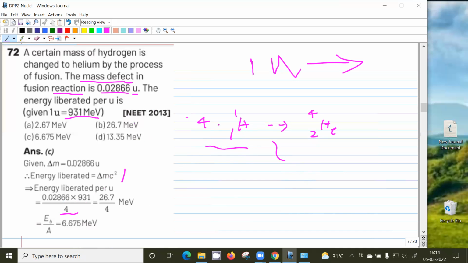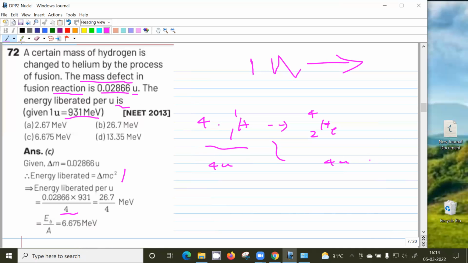One hydrogen atom is approximately 1 U, right? 1 atomic mass unit. In this reaction, there are 4 atomic mass units on the left side and 4 atomic mass units on the right side. So this is a reaction in which 4 atomic units of hydrogen are getting converted to helium. So that U is proton only, sir.